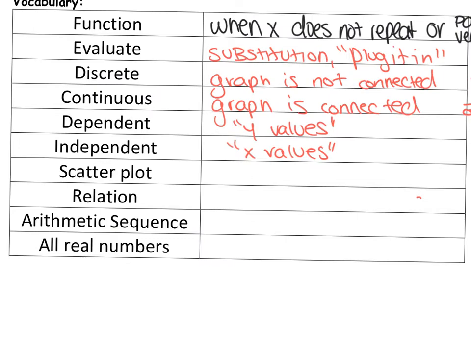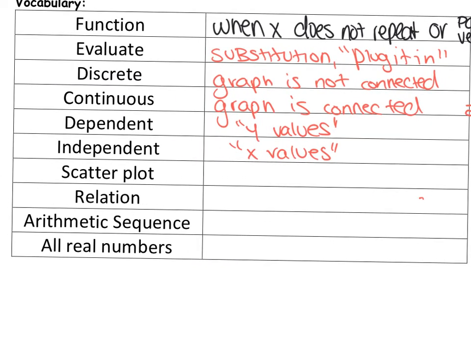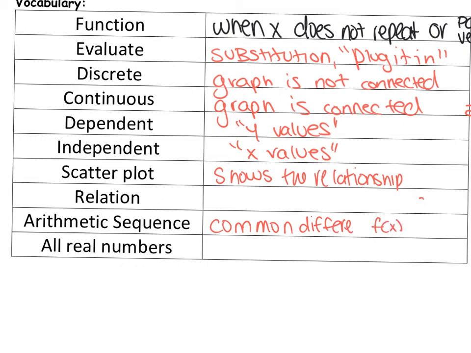A scatter plot shows the relationship between two variables. Arithmetic sequences is when you have a common difference. An example would be like f of x equals 2x plus 9.